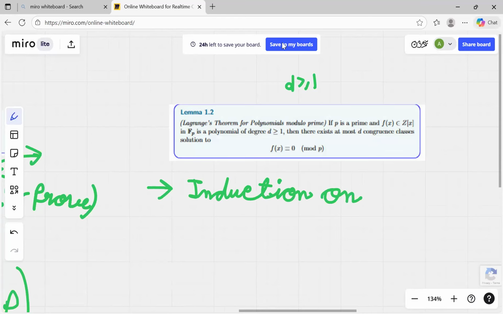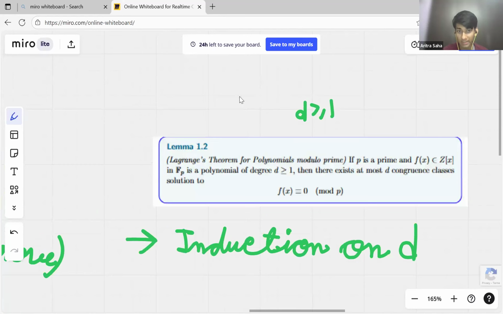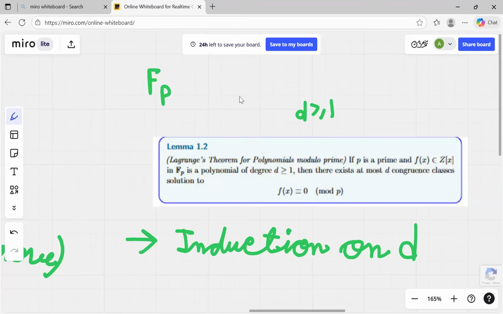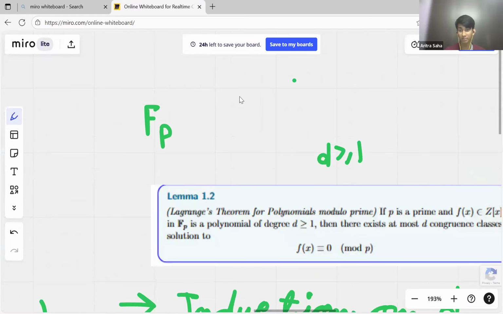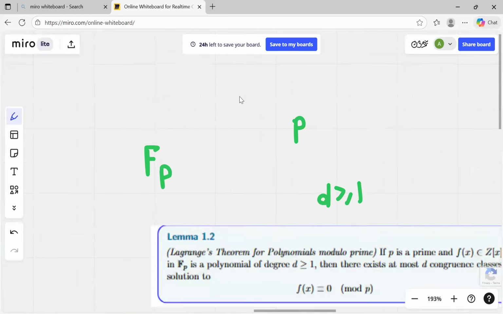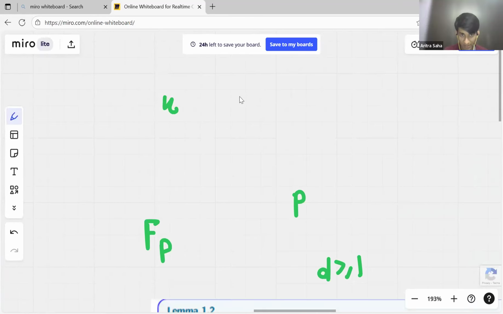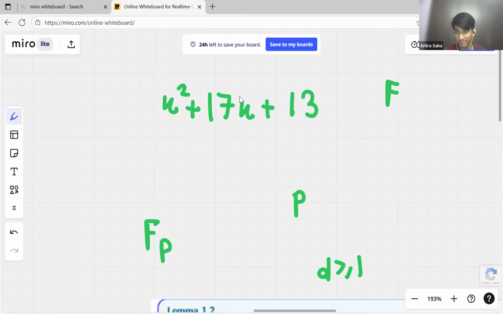Can you explain the lemma again? Sure. So you have f(x), a polynomial in Fp. Fp is where all the coefficients of the polynomial are reduced modulo p. I'll give you an example: something like x squared plus 17x plus 13, say in F5.